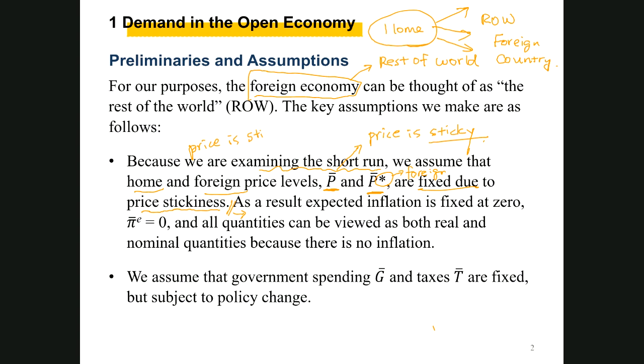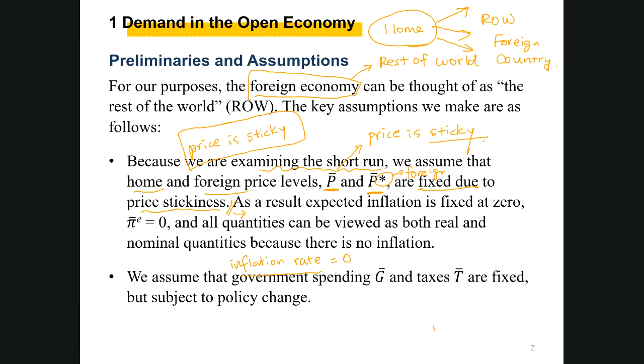So if price is sticky, what is the inflation rate? The inflation rate is supposed to be equal to 0 in both the home country and the rest of the world, because in the short run we believe the price is fixed. The price can't move. So inflation rate is equal to 0.